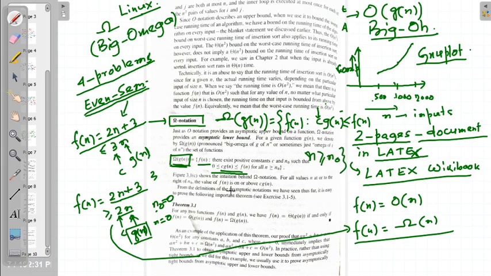So this is the definition for omega. It is similar to the definition of BigO, but the main difference is that in BigO it was f(n) less than or equal to c of g(n), while here f(n) is greater than or equal to c of g(n). So this is the definition, and we have seen the example as well of how to do this.